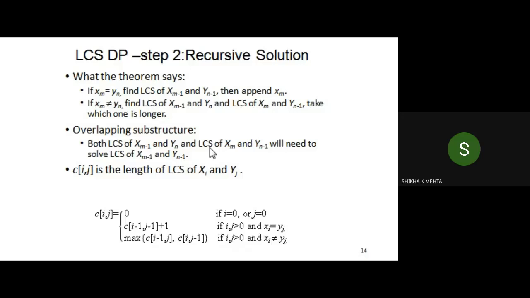If i and j are greater than 0 and xi is equal to yj, that means x is one sequence, y is another sequence, and we have to find a common subsequence.